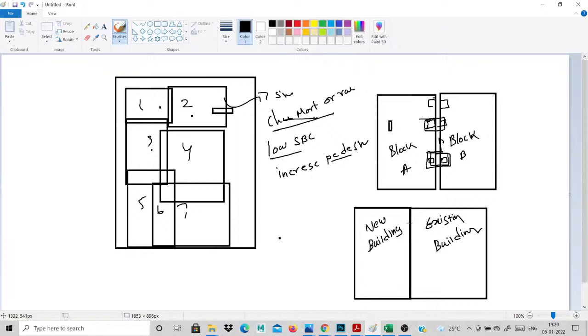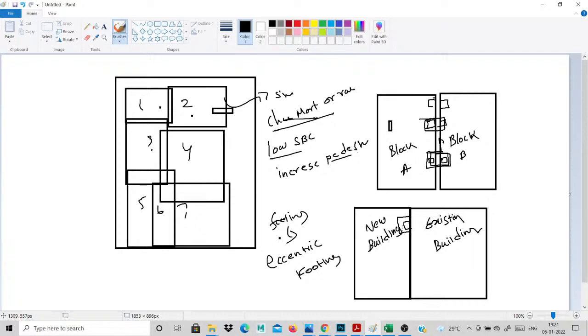So what type of footing will be chosen? You simply go for an eccentric footing. I provide my pedestal and put the column at this corner; that is called an eccentric footing.